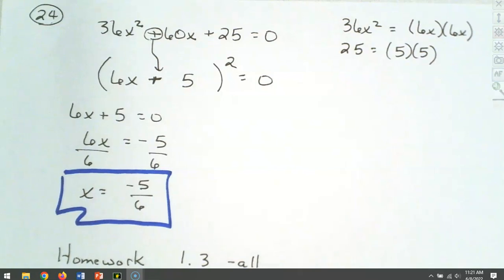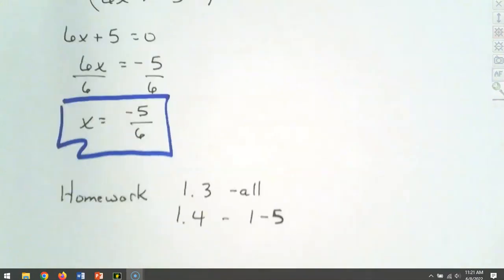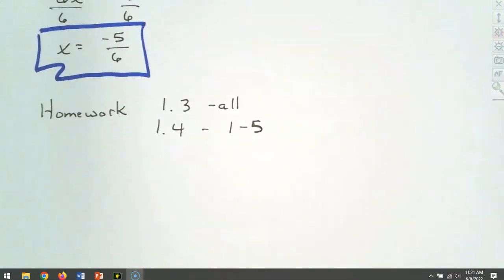So you should be able to do 1 through 5. Okay, so 1.3, you can do them all. 1.4, you can do the first set, which is the zero factor, which is 1 through 5. Okay, so that's going to be your homework for Monday.